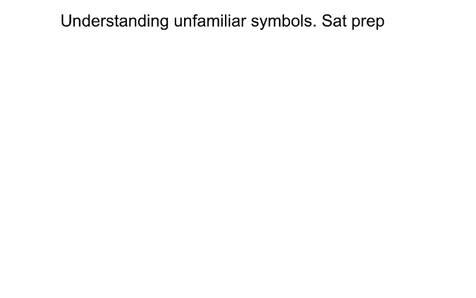Occasionally on the SAT, you will have a problem that has an unfamiliar symbol to you. For example, if an operation is defined as A box B equals 4A minus 3B for all A and B, then 5 box 7 is evaluated as what?